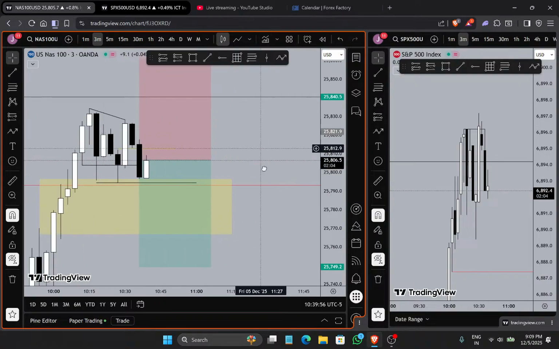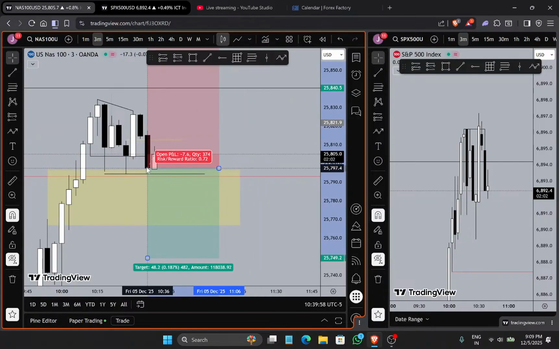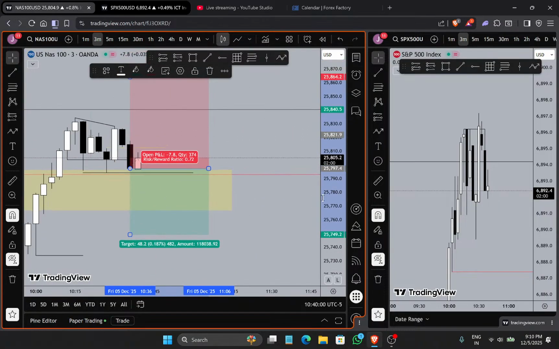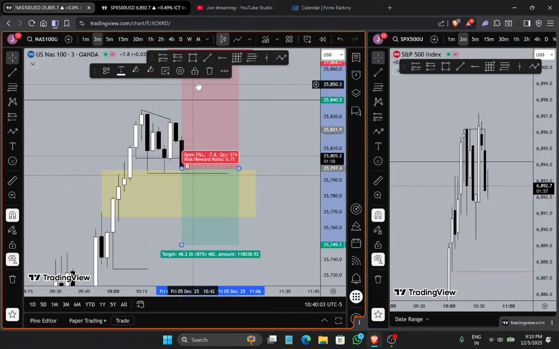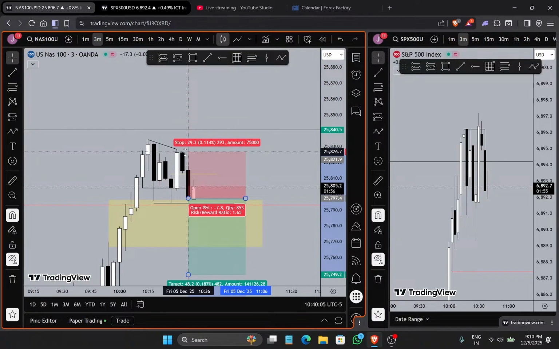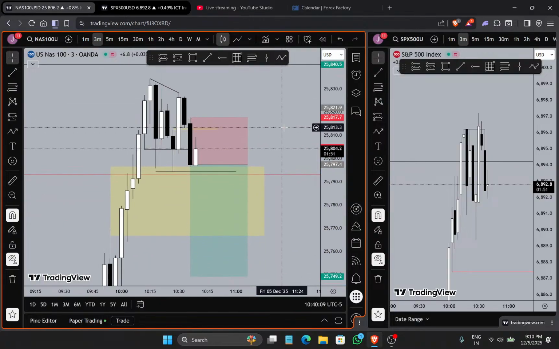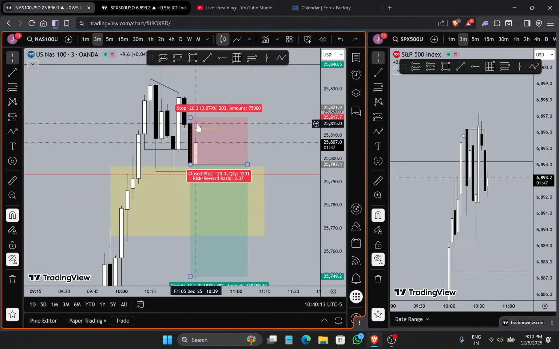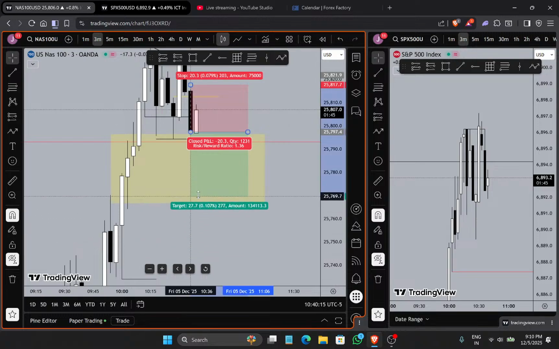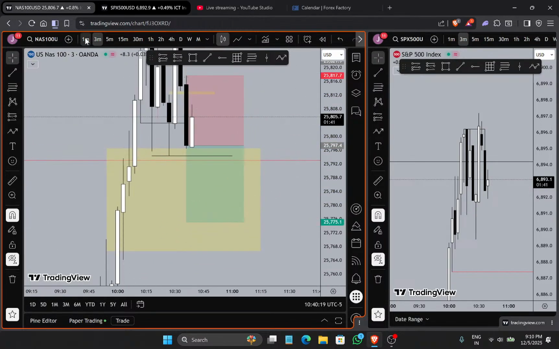So my entry was here on this candle. My SL was, I think, on this candle high here. Yeah, SL was here, on this candle high, and my TP was 1 to 1. I think we are good.